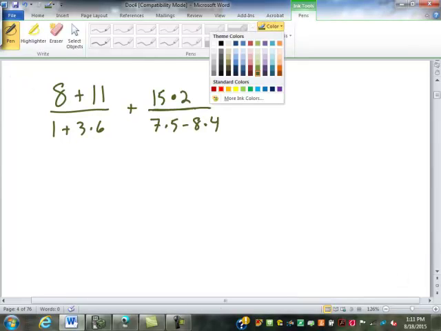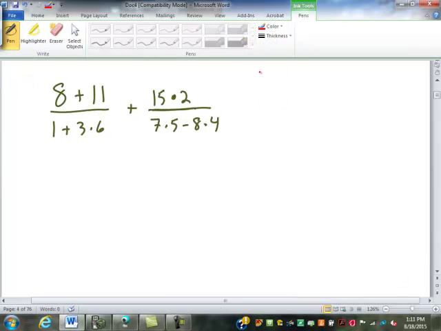Okay, now on something like this, I realize I kind of threw you under the bus a little bit by not showing you this type first. But it's really two separate problems that are combined into one. We're going to do this whole piece first. And of course there, what do we have to do first?